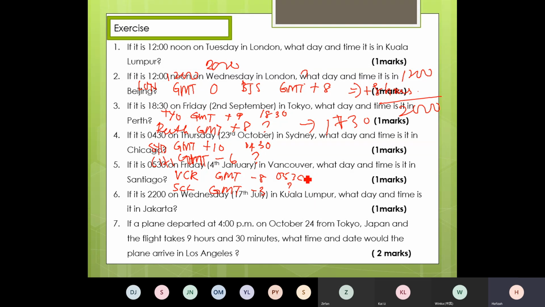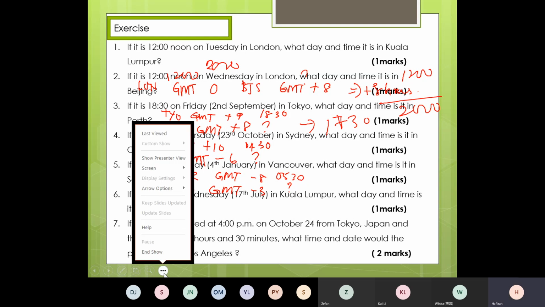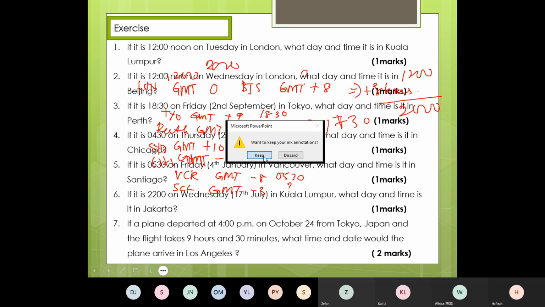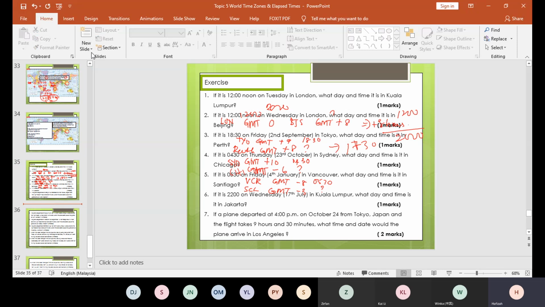What time did you get? 8:30, right? It will arrive at Los Angeles time. Get or not? 8:30. I will add one slide.